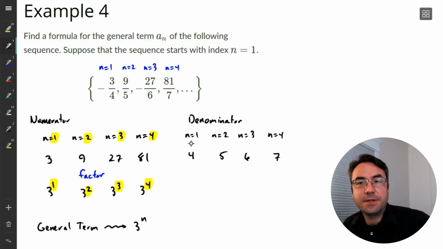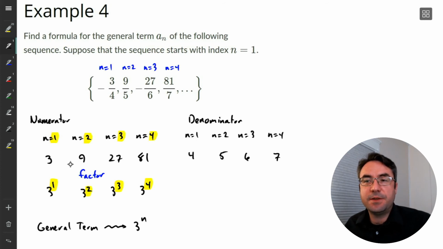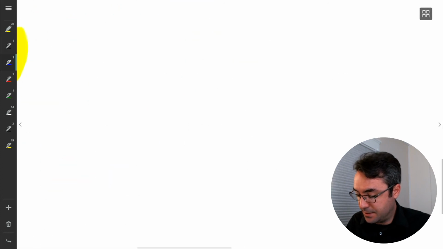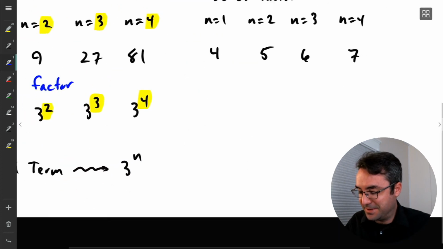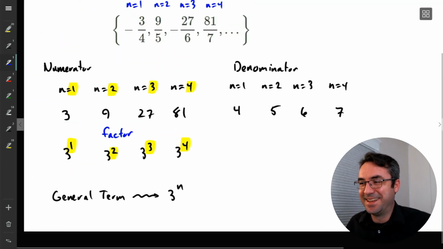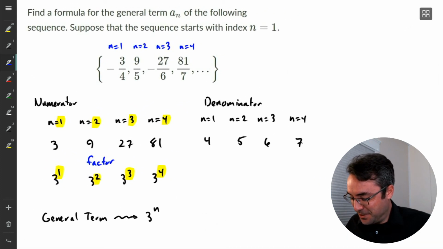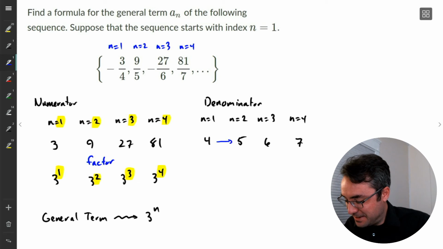So one thing to look for: we don't see the numbers getting drastically bigger here like we did with the numerator. They're just increasing by 1 each time.